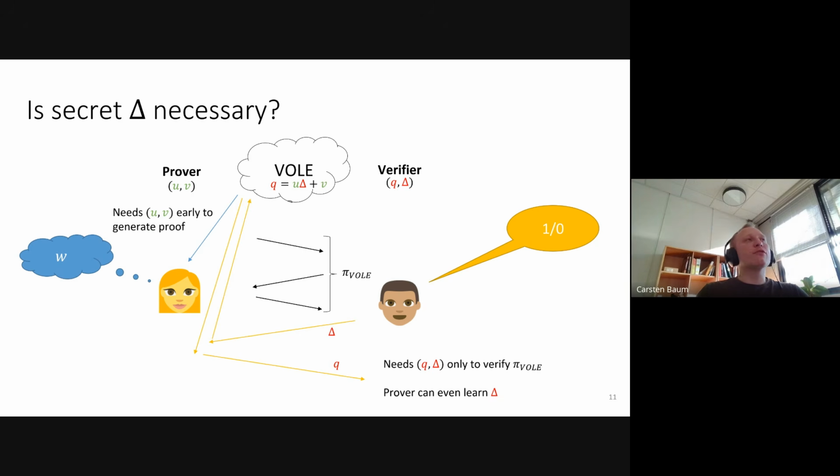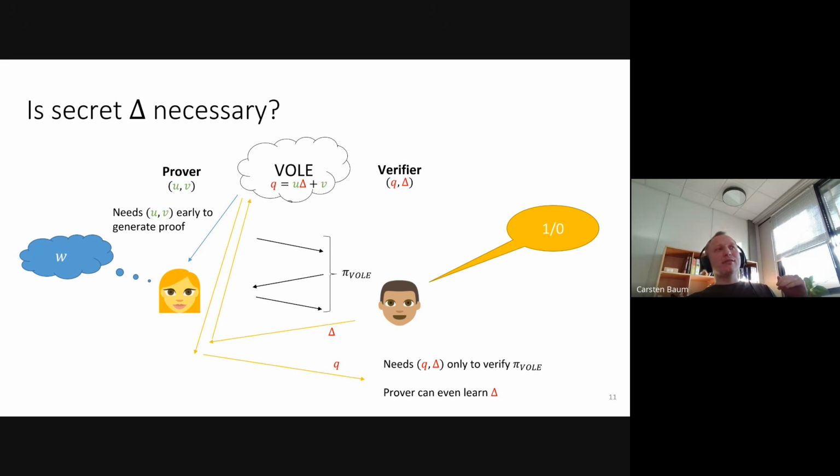So actually, in VOLE-based zero knowledge, what I said earlier, that the proof is sound because the prover doesn't know delta, is actually not right. The proof system is sound as long as the prover doesn't learn delta before she finished the whole proof. So afterwards, she can learn delta, and everything is still okay.